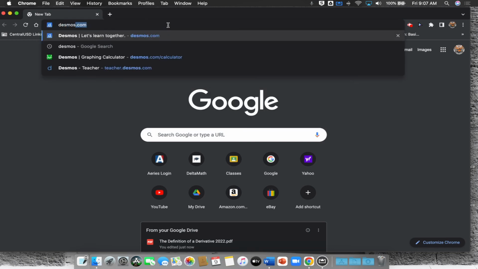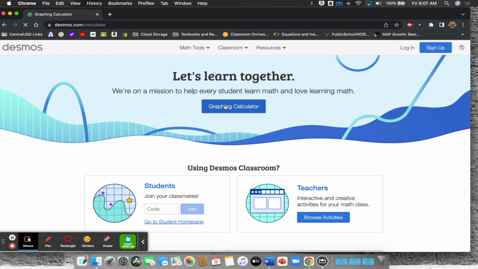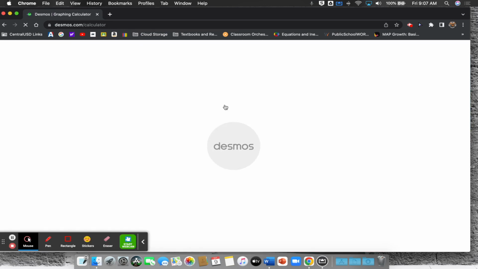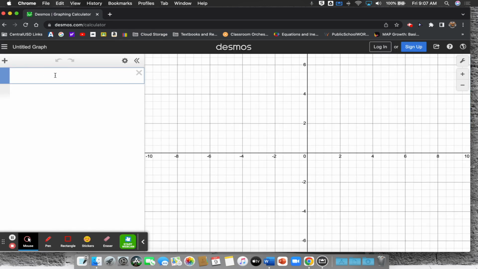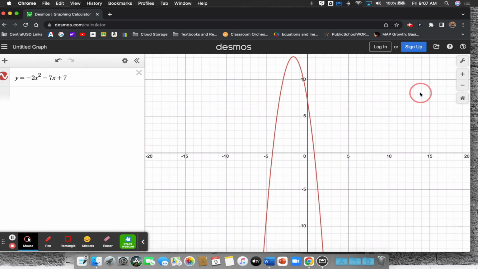So let me see, Desmos. Let's see, -2x squared minus 7x plus 7. So there it is right there. Let me zoom out a little bit.